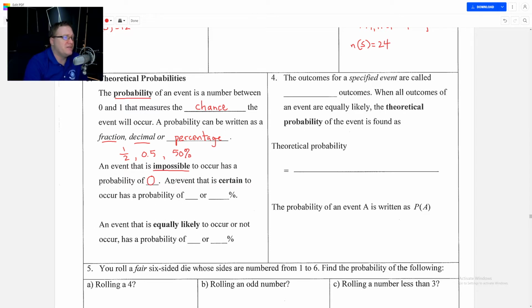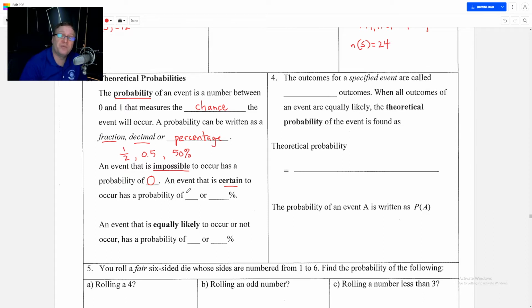Now, an event that is certain to occur, that means it will always happen, has a probability of... let's talk about that real quick. What would be a certain event? Let's say I have a coin, but one side is tails and the other side is also tails, and then I flip it.